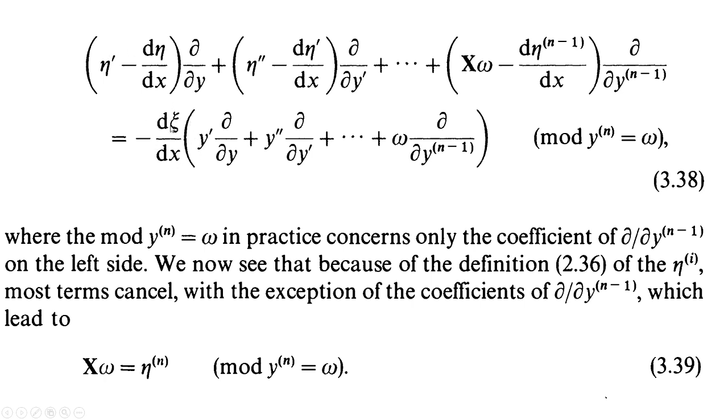So eta 1 minus eta 1 will cancel out. So this first term cancels out. Similarly, you can see that this thing minus y double dash multiplied with this minus this will cancel out. So what we are left with are the last two terms.